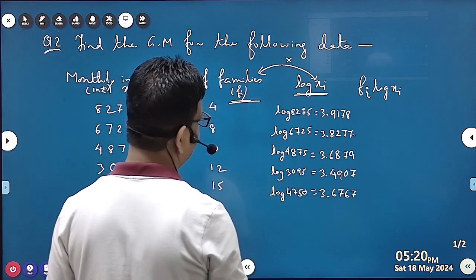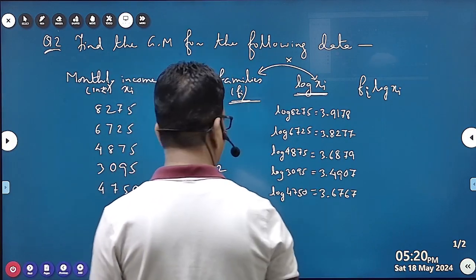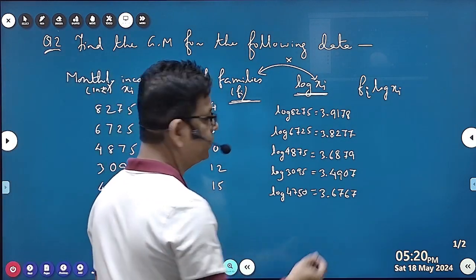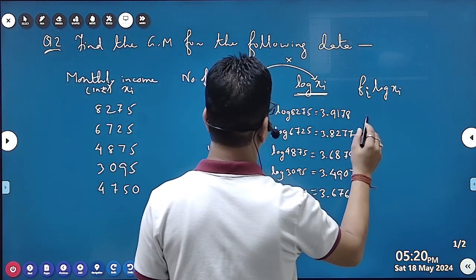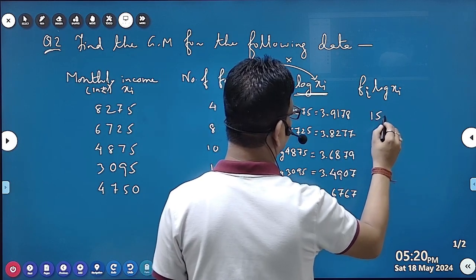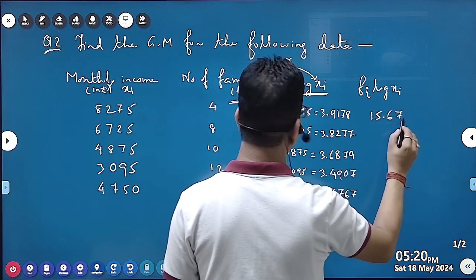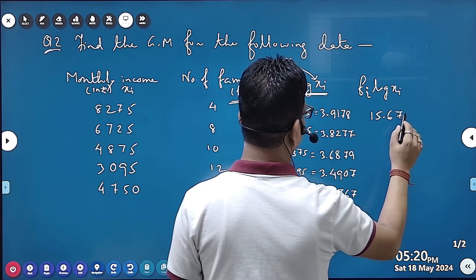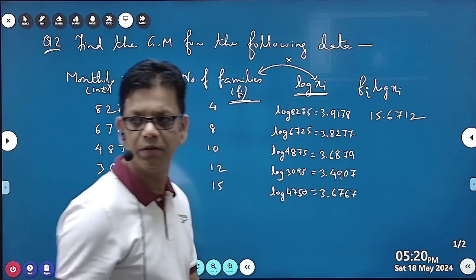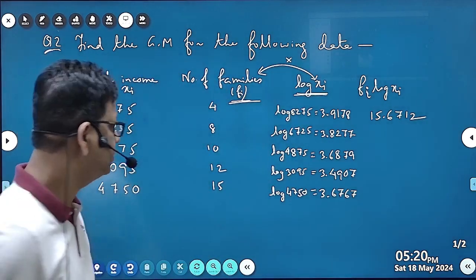4 into 3.9178. Please help me, how much is it? I think 15 point something. 15.67. Okay, let us find it in 4 digits only.